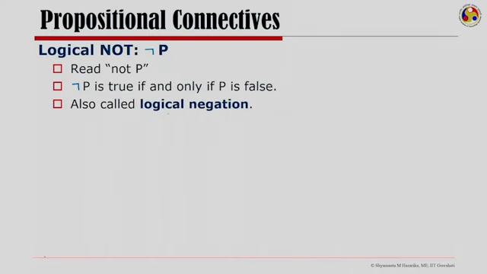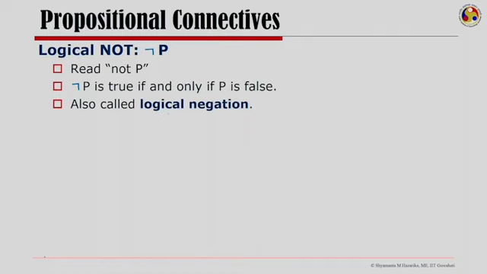Let us now look at the propositional connectives. We will first focus on the three logical connectives. The first one of them is the logical NOT, read as not P. Not P is true if and only if P is false.